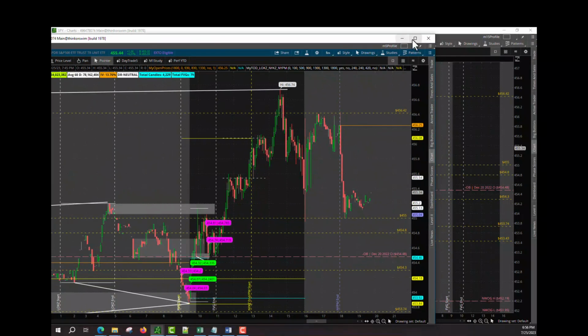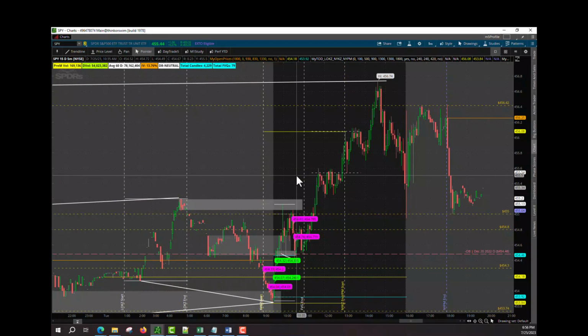The volume was there. I mean, it moved up a lot, but you see the volume is very low. Very surprising. Not many people engaged. It's less than 20 million shares.